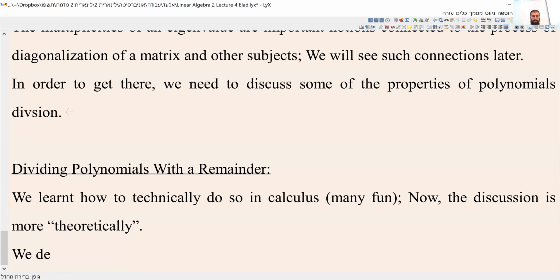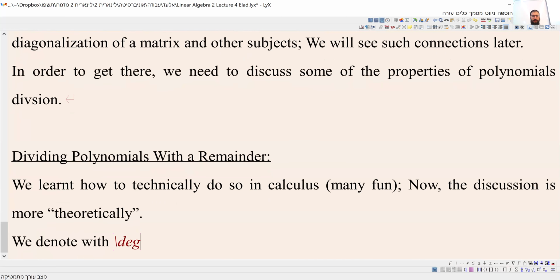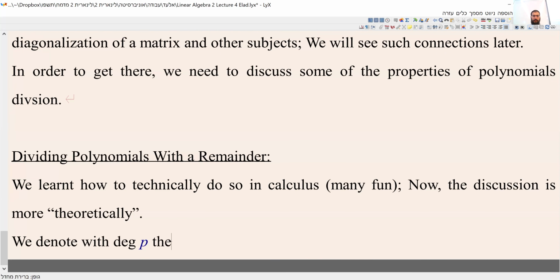We denote with deg p the degree of the polynomial p. I don't write it in bold font because we already know what the degree is, but let's write it down again explicitly.